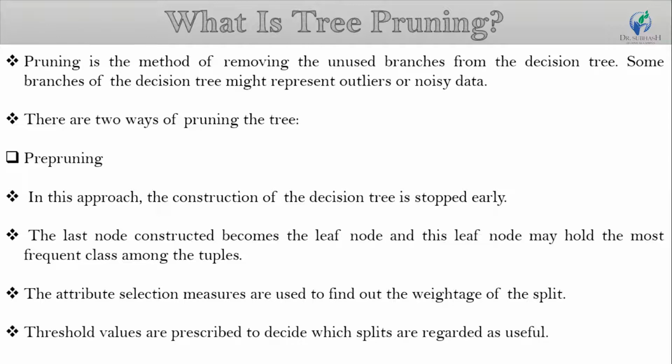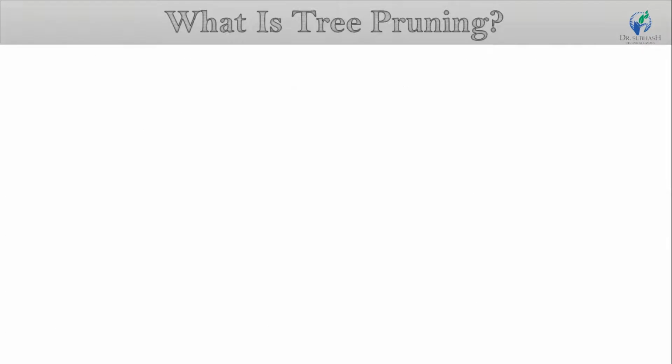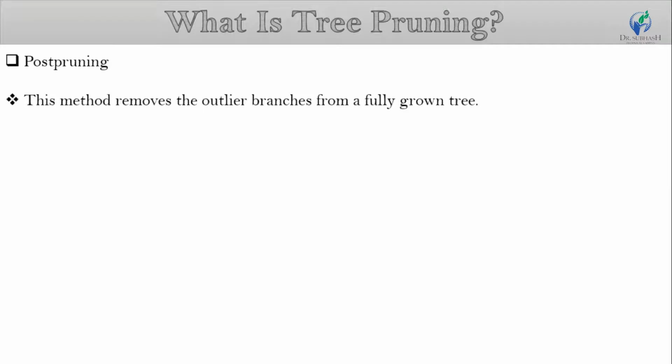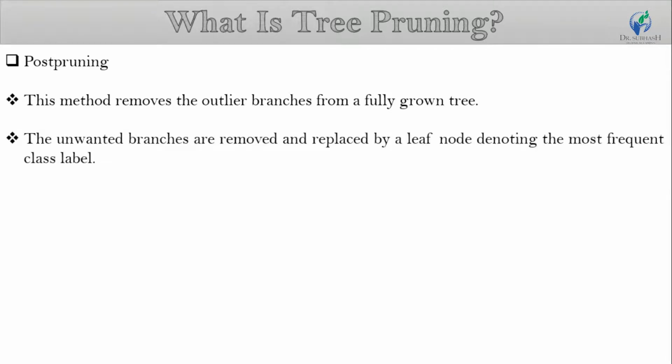Now the second process is post-pruning. This method removes the outlier branches from a fully grown tree. The unwanted branches are removed and replaced by a leaf node, denoting the most frequent class label. These techniques require more computation than pre-pruning. However, they are more reliable.